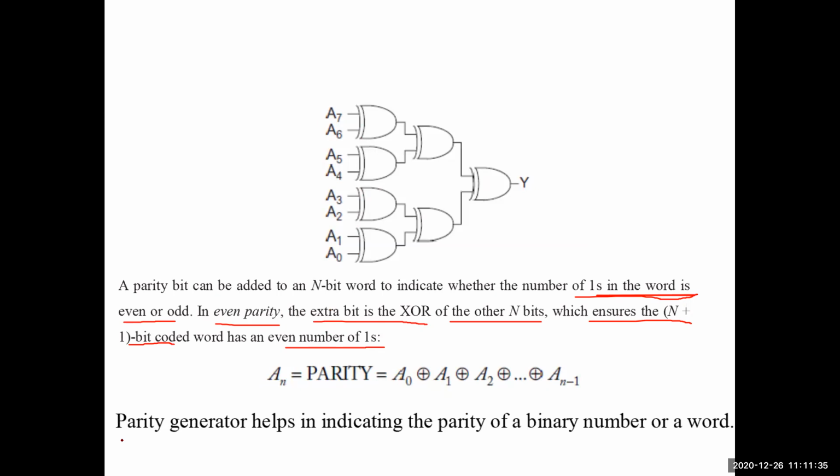So this parity generator helps us indicate the parity of a particular binary number or word. Parity means whether this particular word has an even number of ones or an odd number of ones.